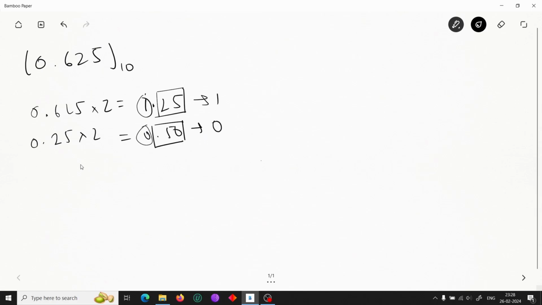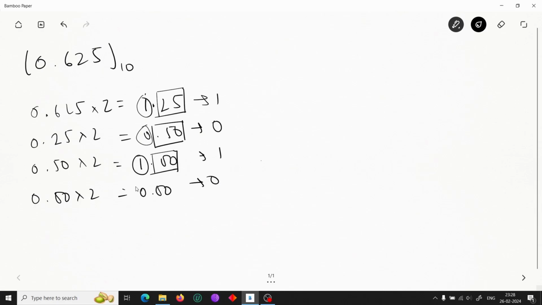Okay, so 0.50 times 2 would give us 1.00. The output would be 1, and we take the fractional part. So finally 0.00 times 2 gives us 0.00, where the output is 0 basically.